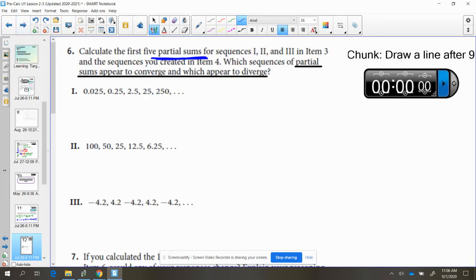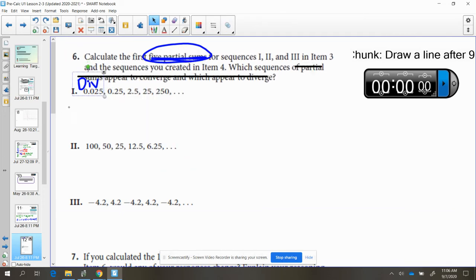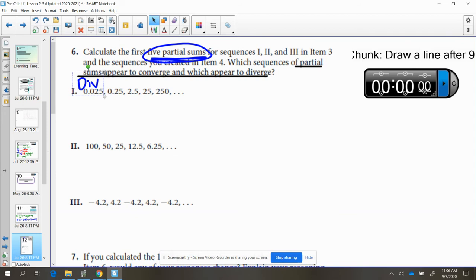So if we start asking if there's a connection between the sequence itself and the partial sums, will these continue to converge or diverge? This first one from the last page, this sequence here was a diverging sequence. This original sequence diverged, right? It was getting infinitely big. And if we look at the sum sequence, is there going to be a pattern as well?